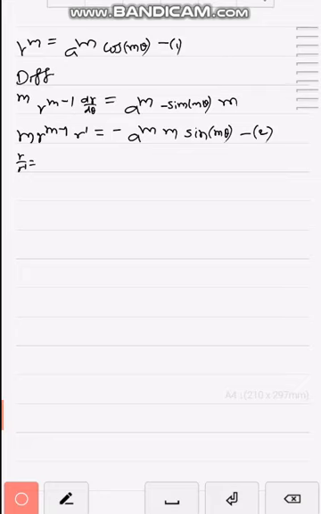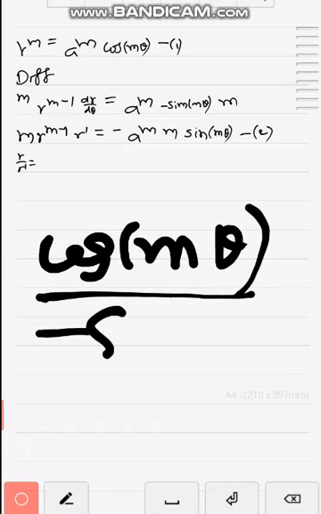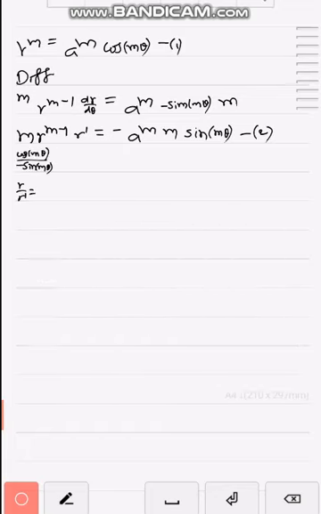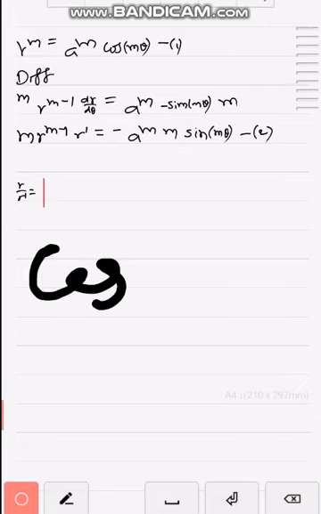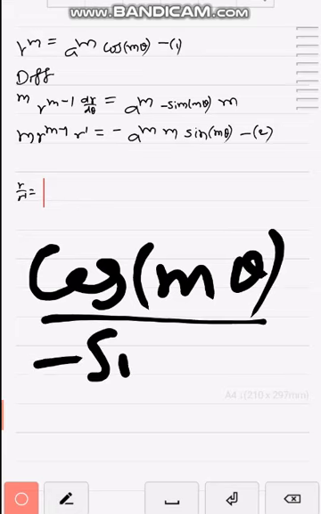What we retain is cos m theta divided by minus sin m theta. So r divided by r dash is equal to cos m theta divided by minus sin m theta.